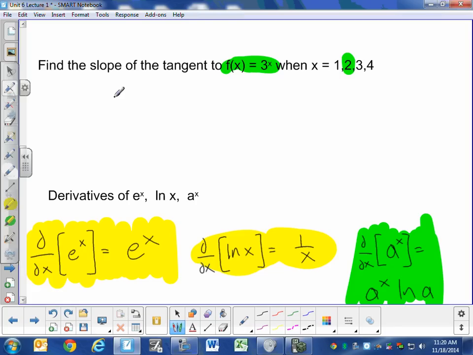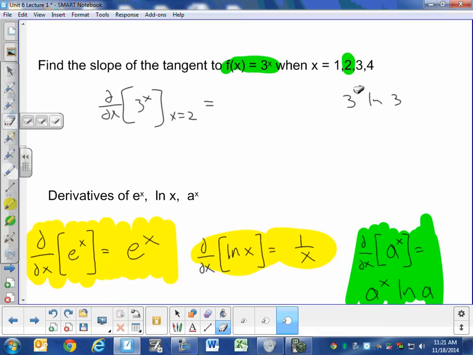So why don't you confirm that the derivative of 3 to the x at x equals 2 is equal to three squared log 3 by finding the derivative using your calculator.